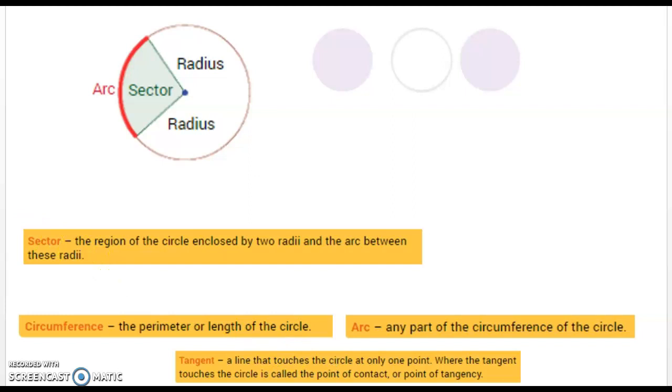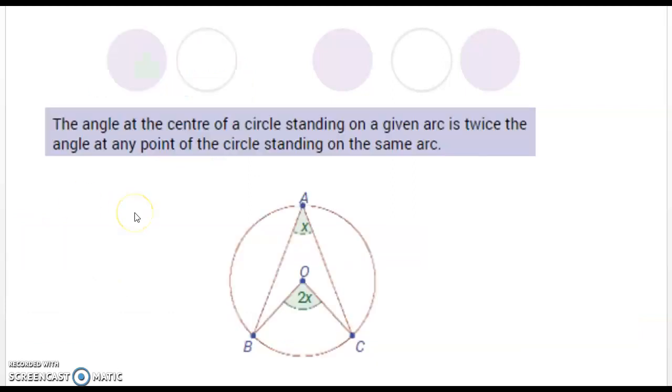Okay, moving on from that. This is one of the theorems you did for your junior cycle, getting confused between junior cycle and junior cert now. This is one of the theorems where you said the angle at the center is equal to twice the size of the angle on the circle when you're talking about the same arc.